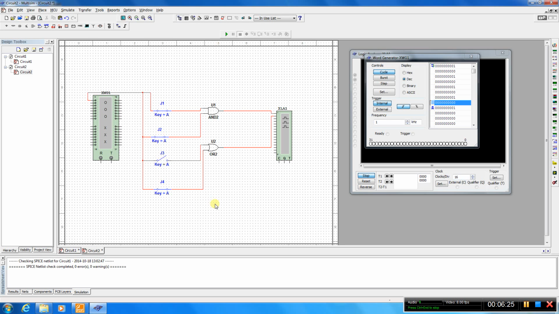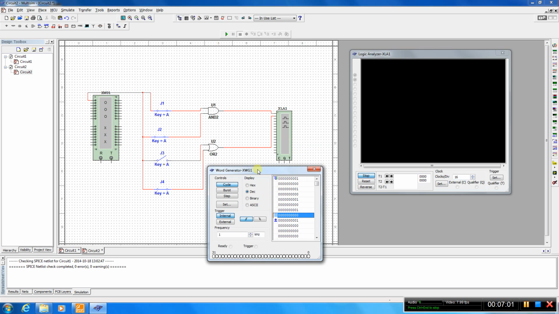Okay, let's do it like that. As you can probably predict, using such a setup, for the AND element both keys are enabled. That means we have 1 and 1 as input, so the output should also be 1. And for the OR element we have input 0, 1, and this also will result in 1 as output.